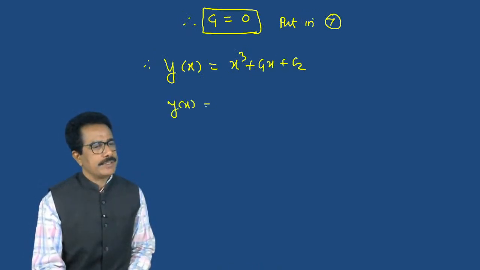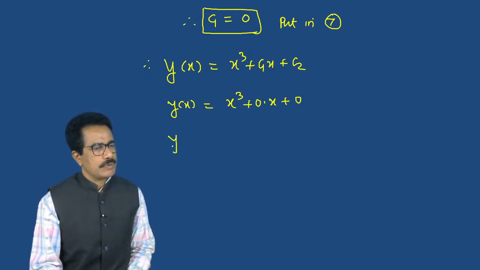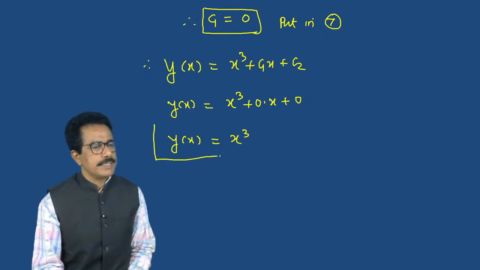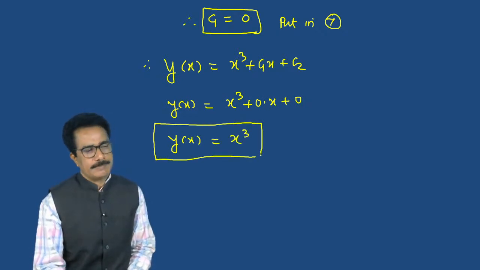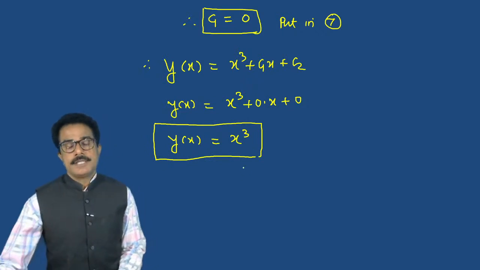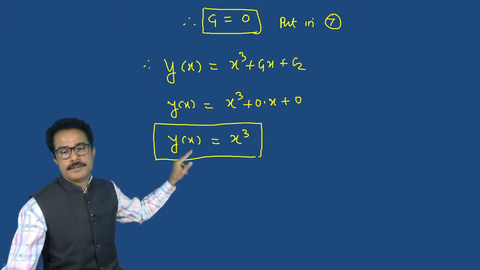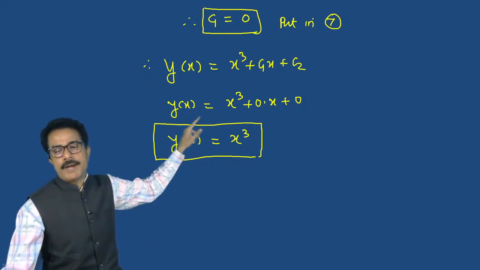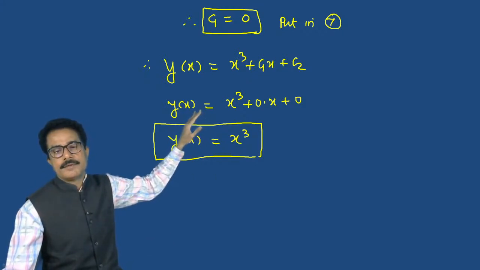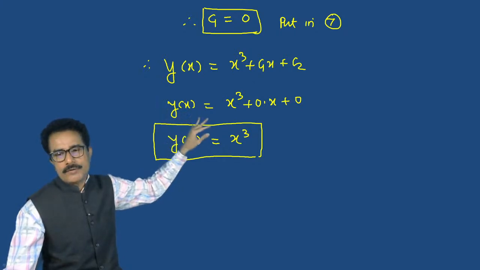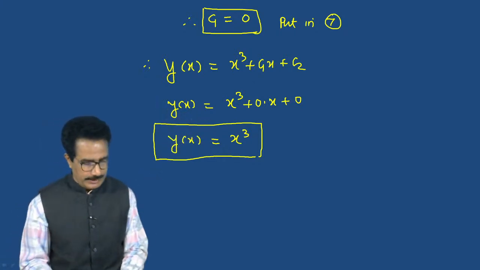So y of x is equal to x cube plus 0 into x plus 0. So y of x is equal to x cube. This is the required functional, or the required curve which satisfies the functional.